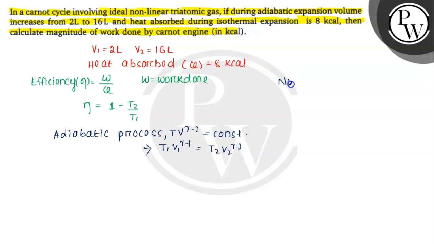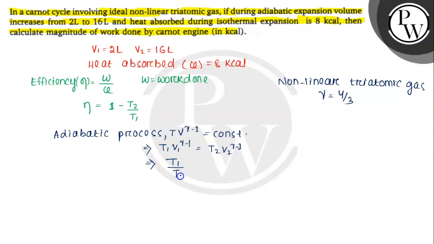Here it is given that it is a non-linear triatomic gas. So for non-linear triatomic gas, gamma is 4 by 3. So now we can put it. T1 we don't know.